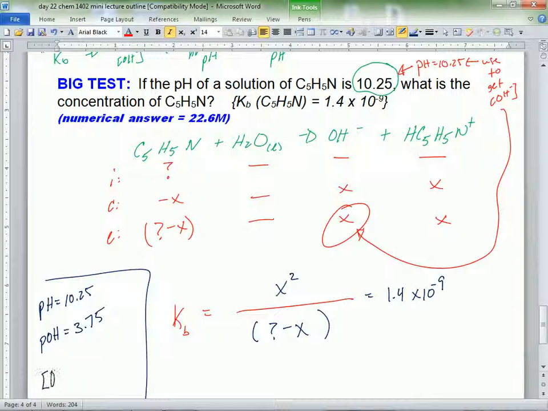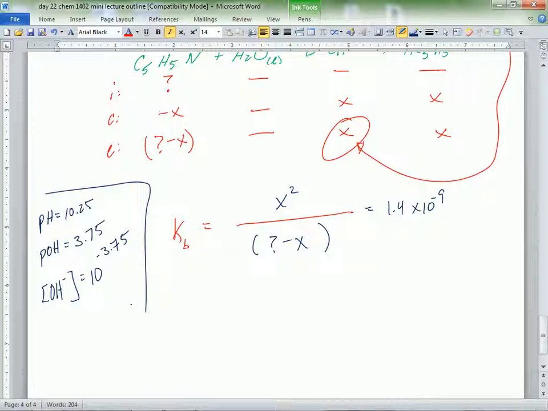Yeah. So what did you get, Elson, for your concentration of hydroxide? What's 10 to the negative 3.75? 1.78 times 10 to the negative 4? Yeah.